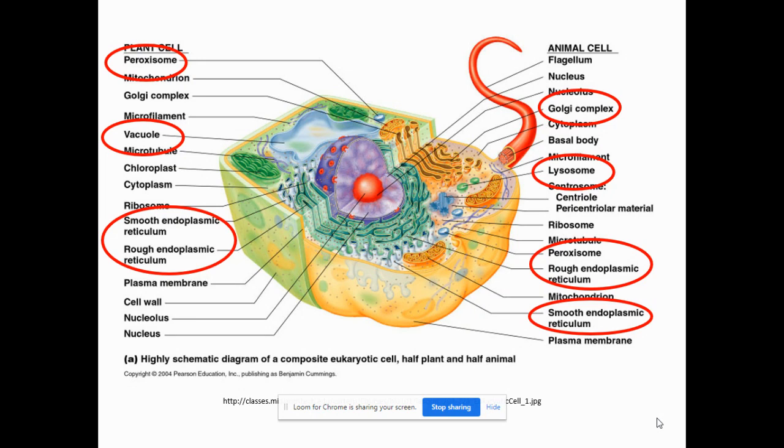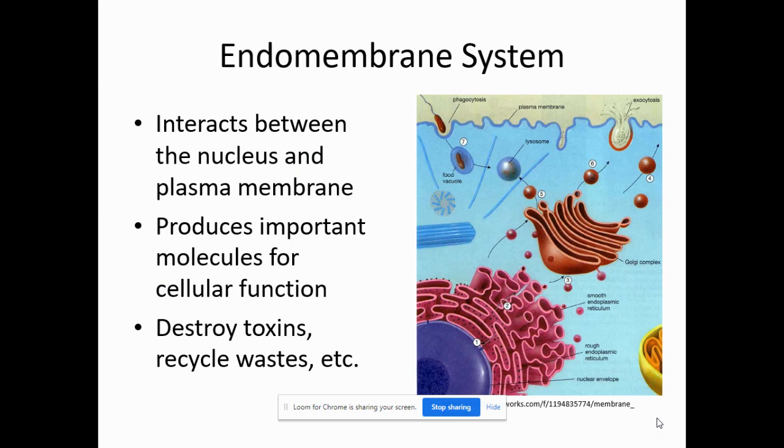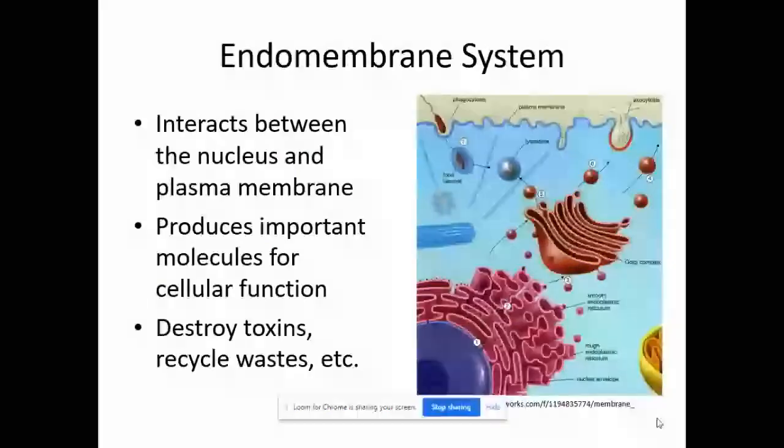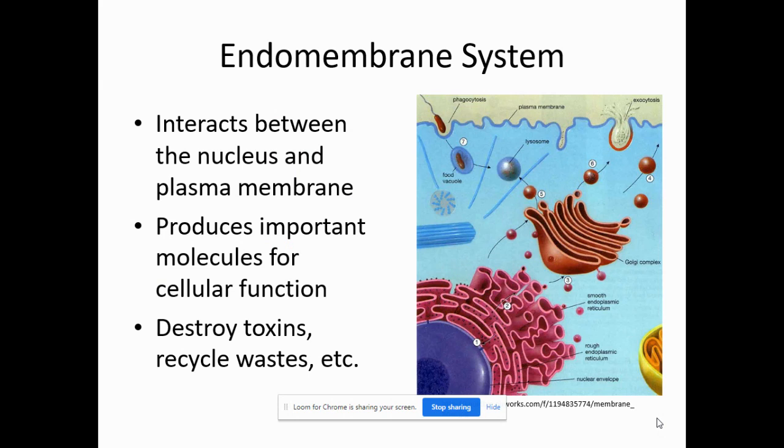The one we're going to start with, the endomembrane system, both plant and animal cells have. The endomembrane system has three functions. It interacts between the nucleus and the plasma membrane. It produces important molecules for cellular function, and it works to destroy toxins, recycle waste, etc.